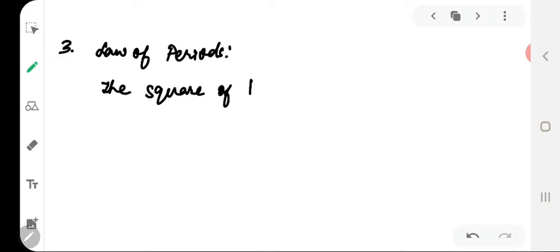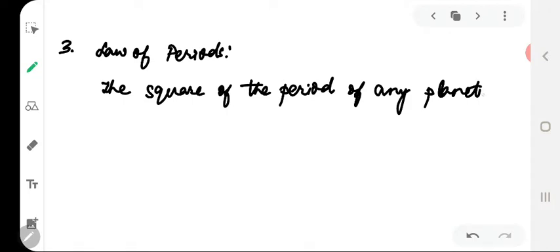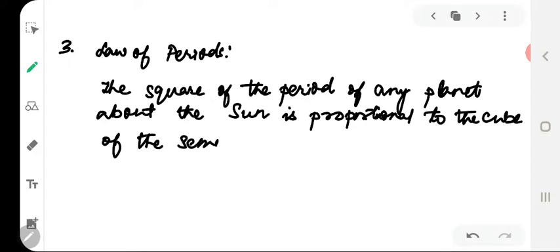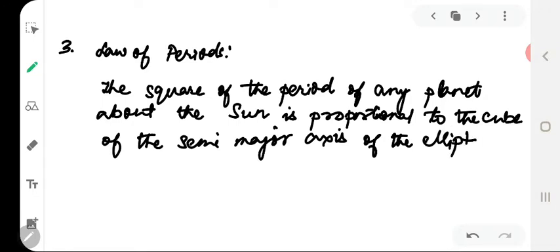The square of the period of any planet about the Sun is proportional to the cube of the semi-major axis of the elliptical orbit.